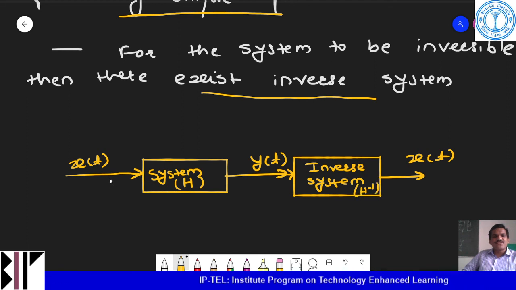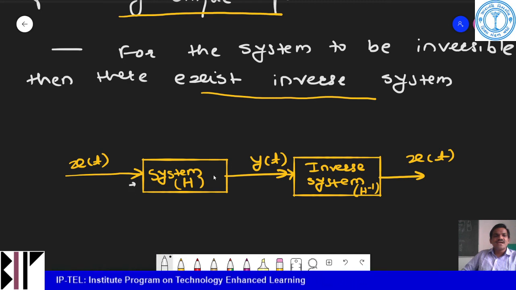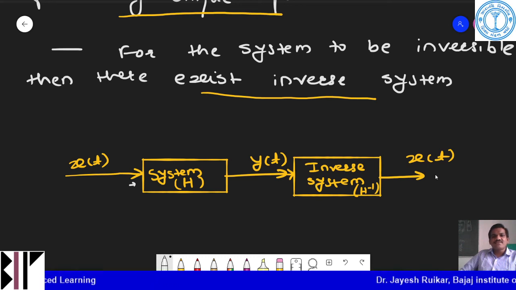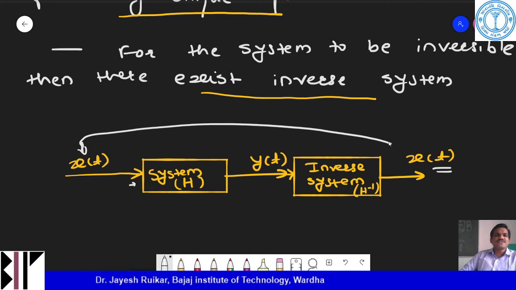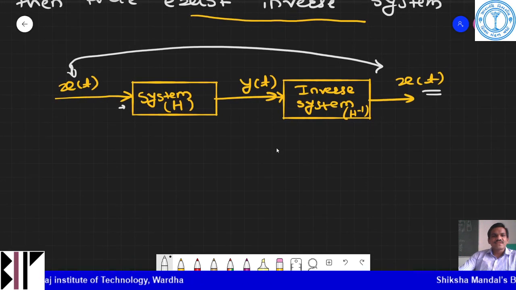So x of t is given as input to this system and it produces y of t. Y of t is given to the inverse of that system, and it will produce the same x of t, whatever x of t we sent to this system. You understand.